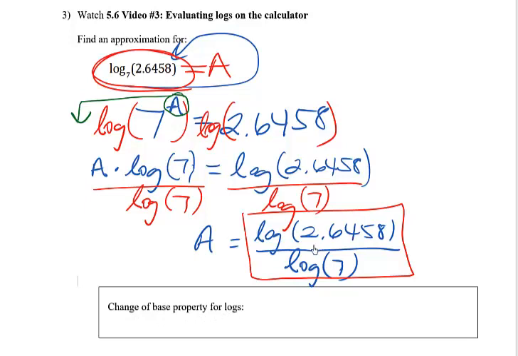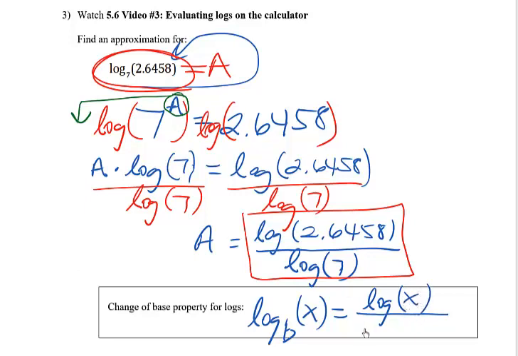And I think it's a pretty easy pattern to see from this one example. What we're basically saying is this. If you have some log with some base other than 10, and you would really like to work that out on the calculator, according to this pattern we just developed, it looks like you can do that by simply taking two LOGs. Now, where did that 2.6458 number come from? That was the previous result, in this case the X. Where did the 7 come from?